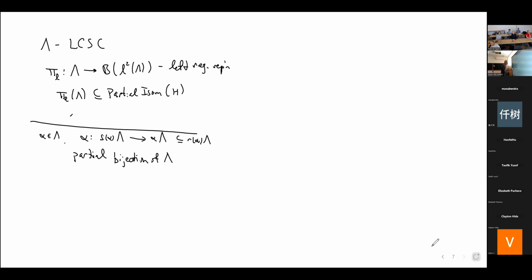And then, of course, we have alpha inverse, because of the left cancellation. So now we let I be all compositions of these kind of maps.